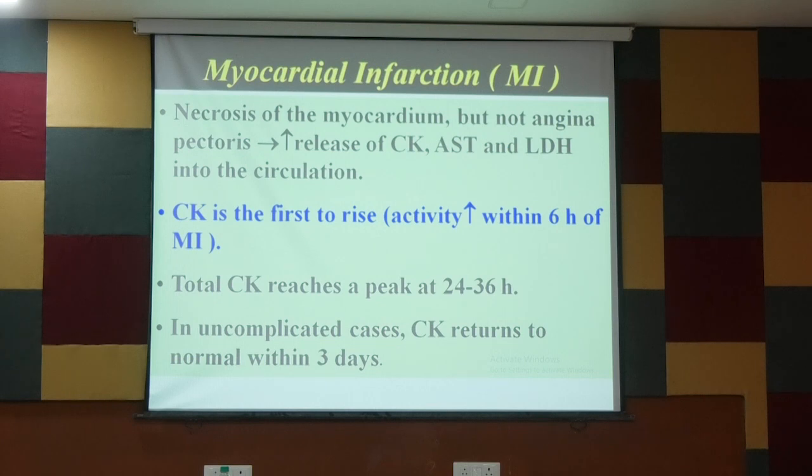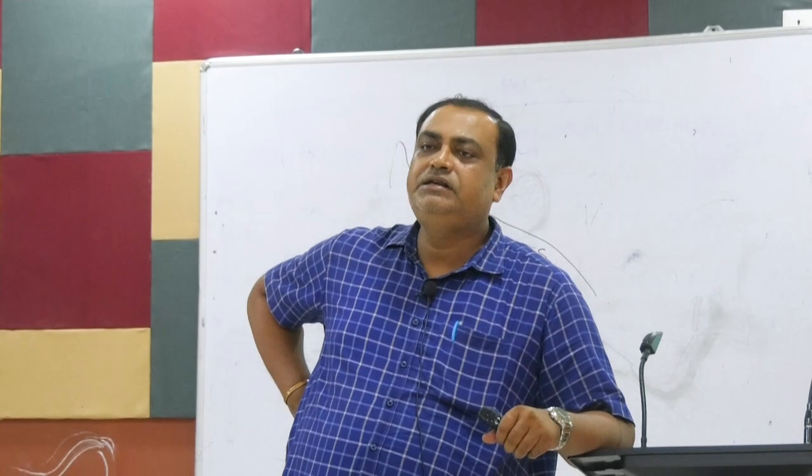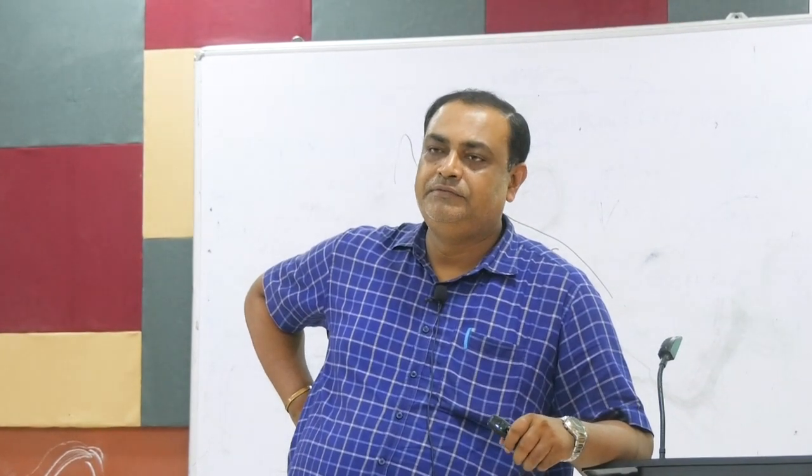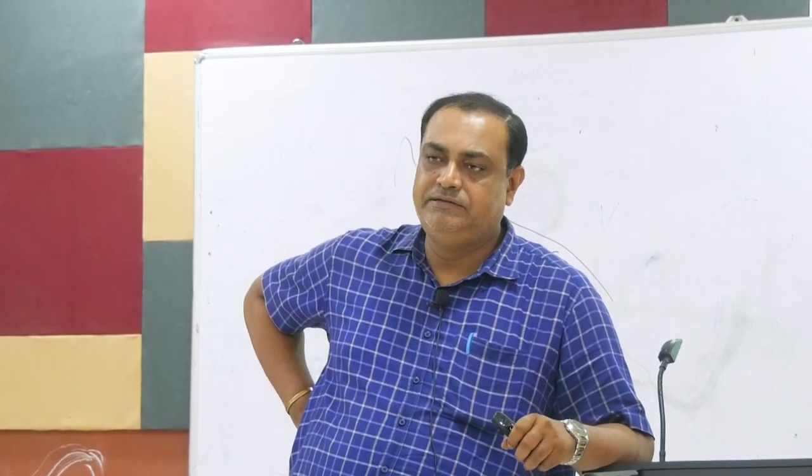Now, one question was asked after the first internal. Name one compound which is formed by 3 amino acids in 3 organs. No one could answer. This is creatine. It is made up of 3 amino acids.